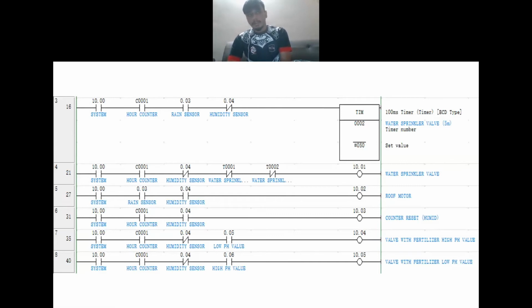The previous one in rung 2 is the timer for 10 minutes. Rung 4 is the sprinkler valve, which will be triggered by the timer to open and close. Rung 5 is the roof motor, rung 6 is the counter reset, and rungs 7 and 8 are the fertilizer for low pH and high pH.